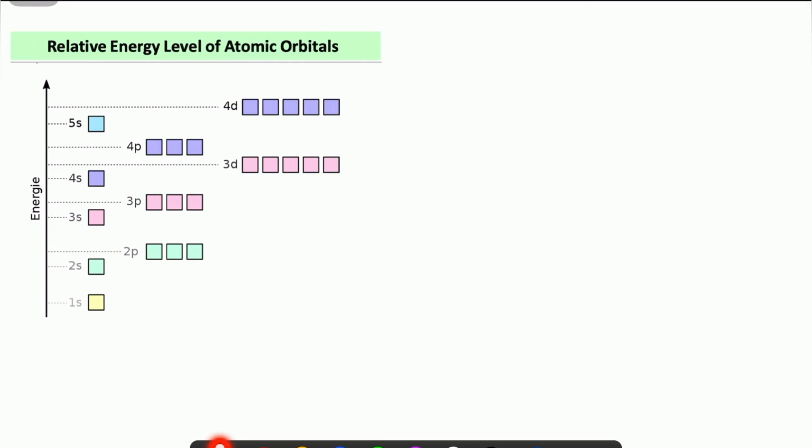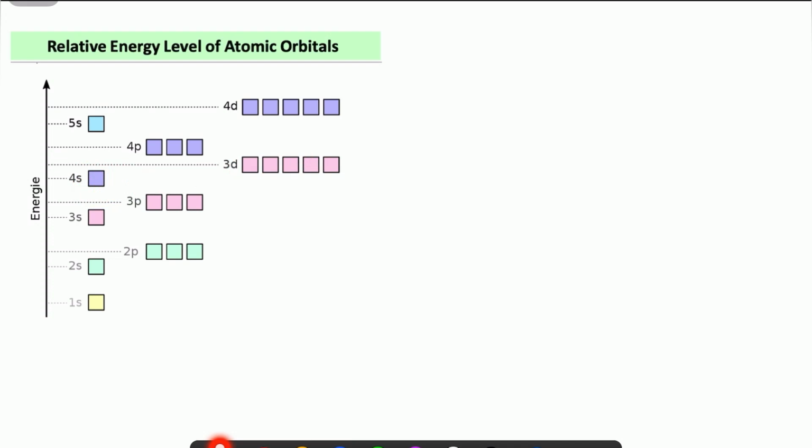Alright. Next, this one is the relative energy level of the atomic orbitals. It is just like the energy profile diagram, but this one relates to the energy level of the atomic orbitals. So you can see that the lowest energy level is the 1s, with the lowest principal quantum number having the lowest energy, followed by the 2s and 2p, and here you can see that the 4s is slightly lower compared to the 3d.